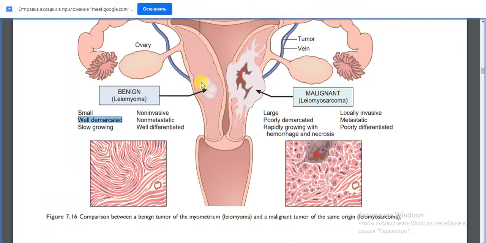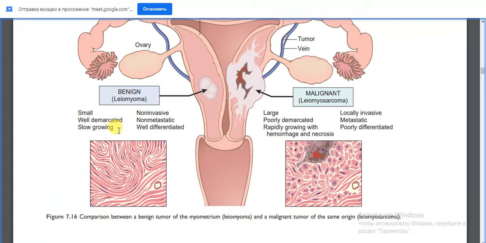In ultrasound, it's visible. As it is well demarcated, it's not very injurious, and we can treat it. It is slow growing. So if it's not the first time you give a diagnosis to this patient, you have to check it every half year, or in some cases faster, so the frequency is higher.